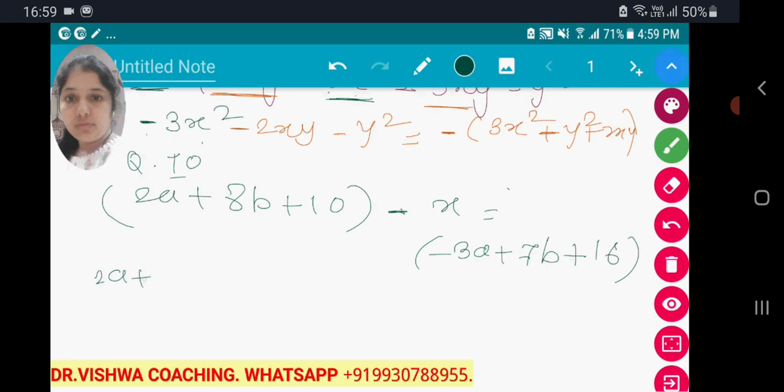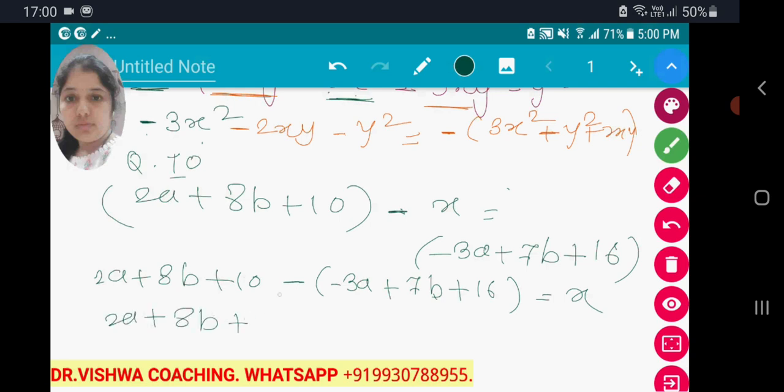So 2a plus 8b plus 10 minus (minus 3a plus 7b plus 16) is equal to x, which is our equation. Now while coming out of the bracket, each term's sign will change. So 2a plus 8b plus 10, minus of minus 3a becomes plus 3a, minus and plus 7b becomes minus 7b, and plus 16 with minus sign becomes minus 16.